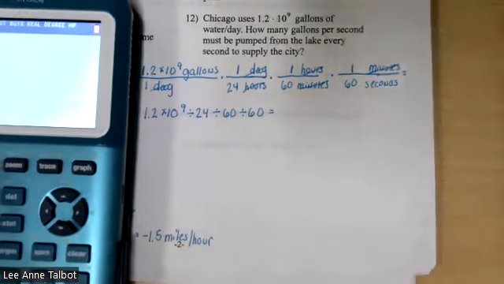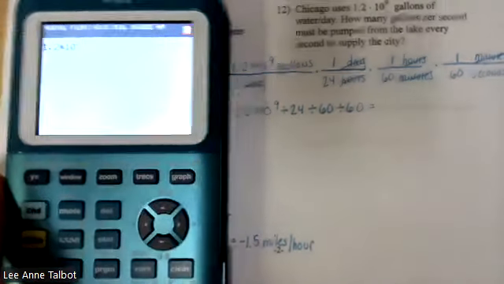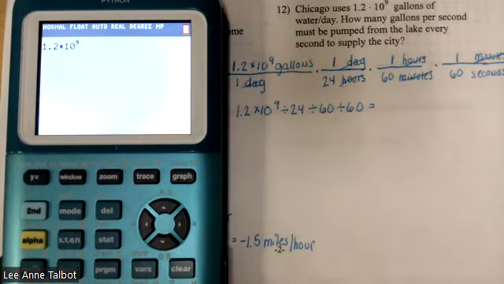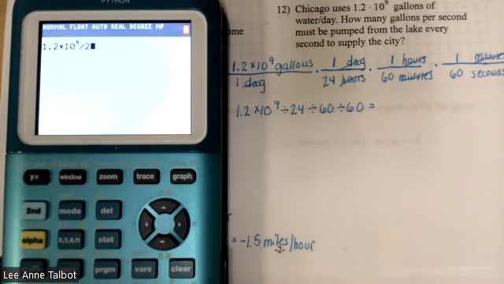One point two times 10 to the 9 divided by 24, divided by 60, divided by 60.